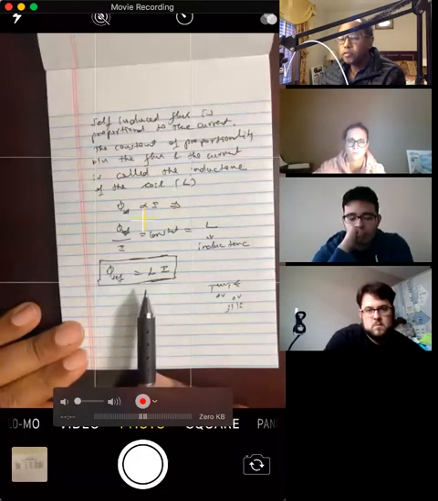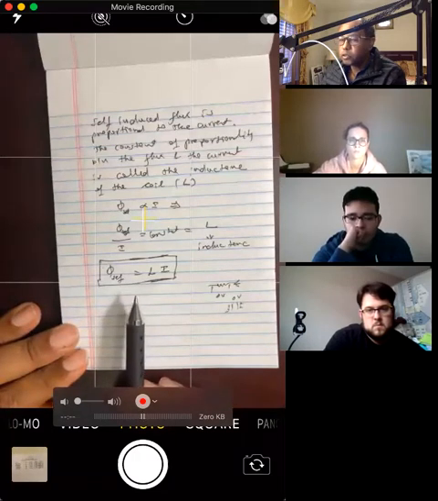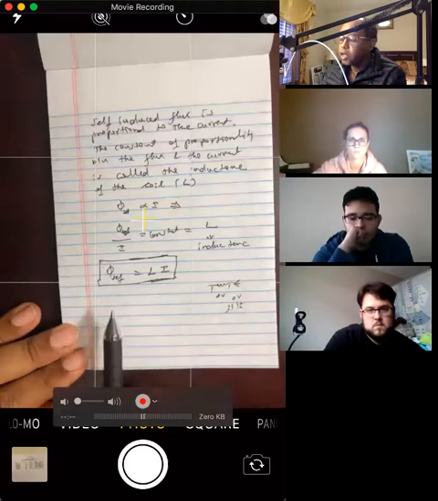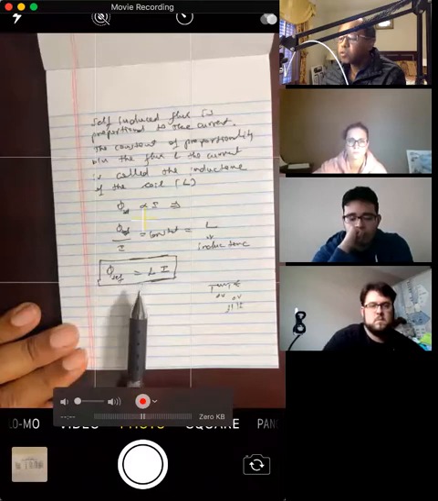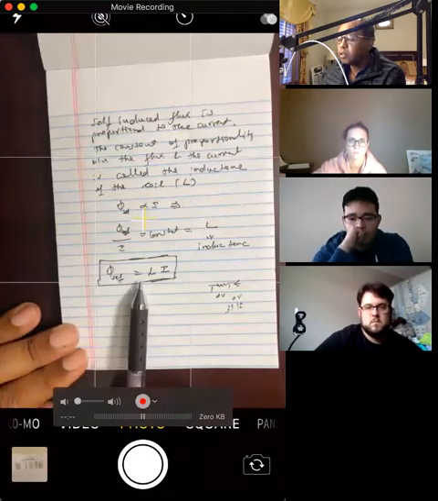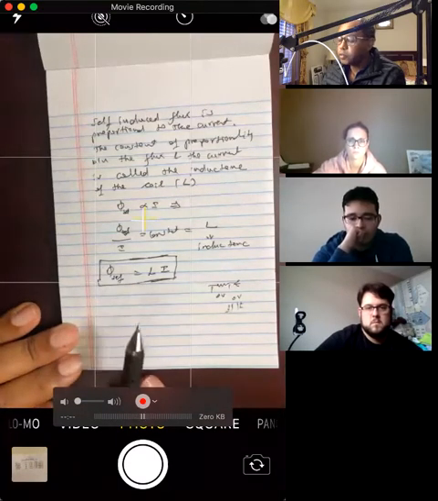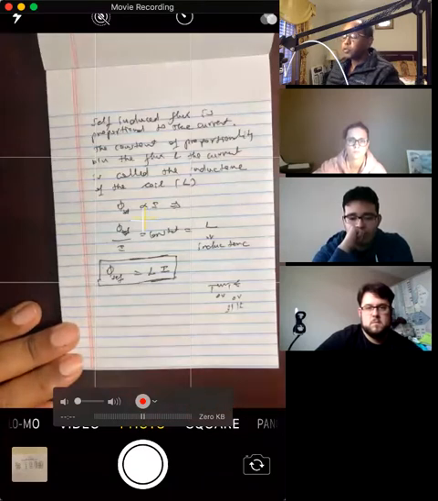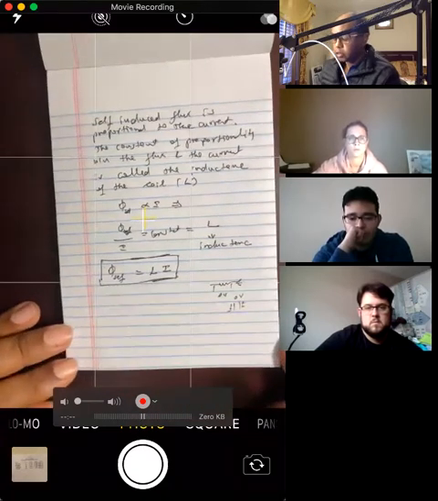So this is the other device. These are the three popular devices in electronics: resistor, capacitor, inductor. And this one is characterized by the fact that the flux due to its own current crossing the coil is proportional to the current. So this is another important circuit element in electronics.